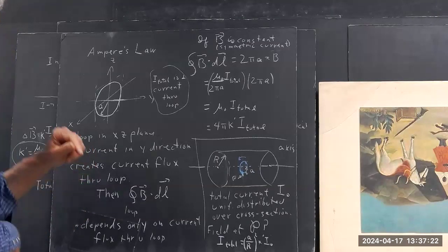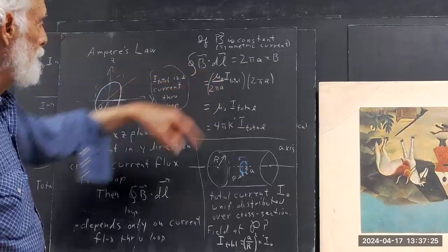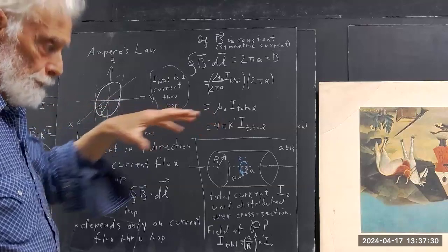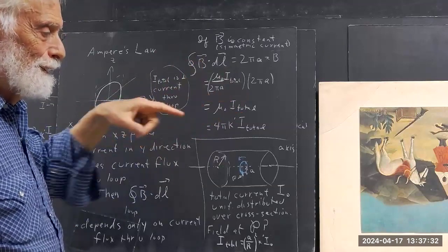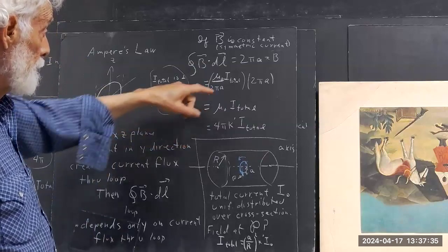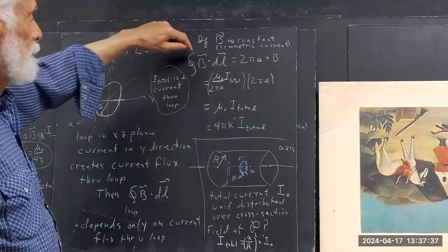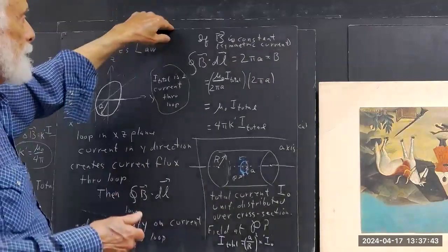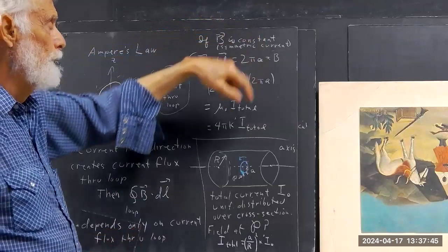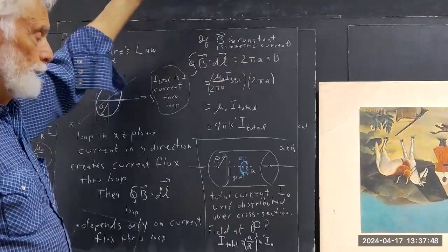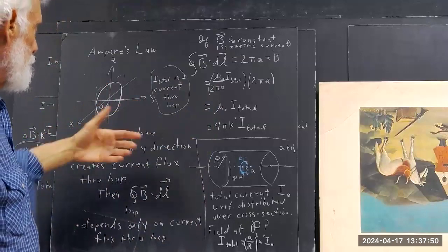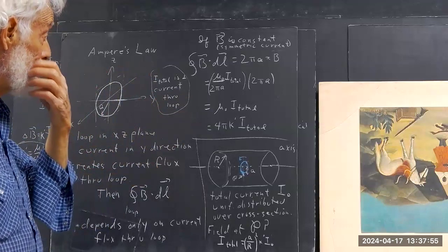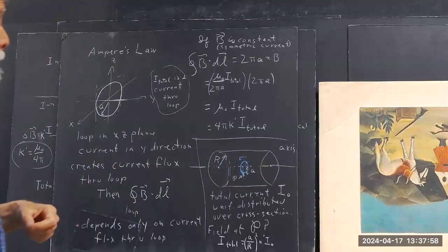I define I total here as the total current through the loop, or the total component of the current through the loop perpendicular to the loop. So we have this integral of B dot dl. For B being constant, which implies a symmetric current, or for symmetric current, which implies B is constant. In this context, we made the current symmetric about the axis, like the y-axis, or the axis of this conductor.